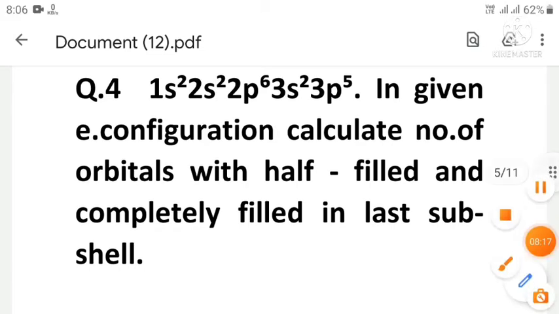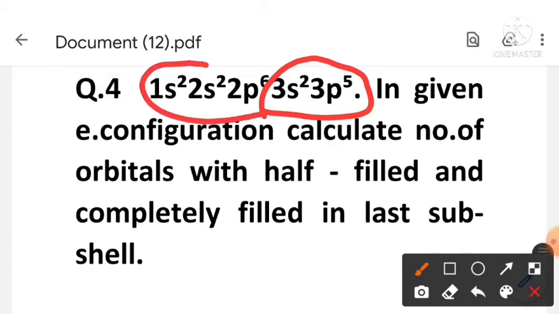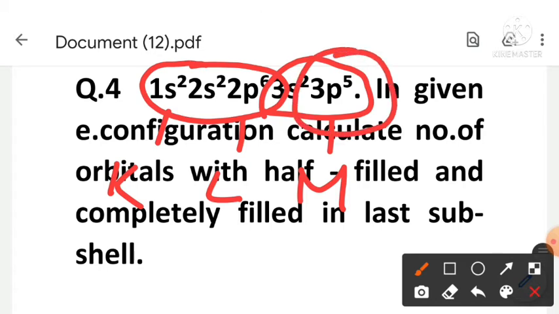Here 3s2, 3p5 are the outermost shells, whereas 1s2, 2s2, 2p6 are the innermost shells. So we have to select the last subshell. Here 3s2, 3p5 are in the M shell, with the K shell and L shell before it. So two subshells are given, 3s2 and 3p5. So we have to select the last subshell. So we know that 3p5 is the last subshell.